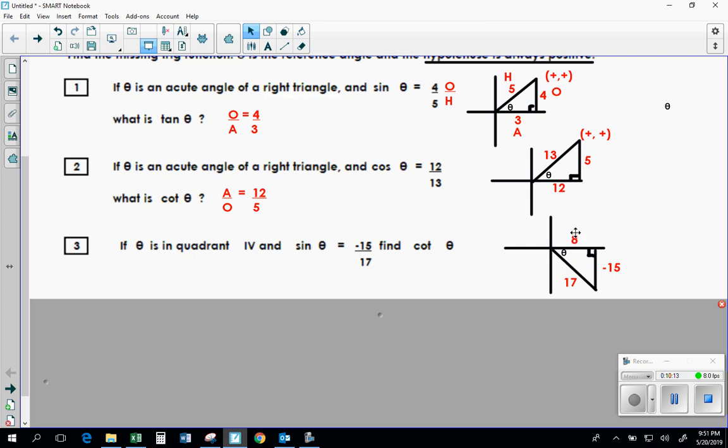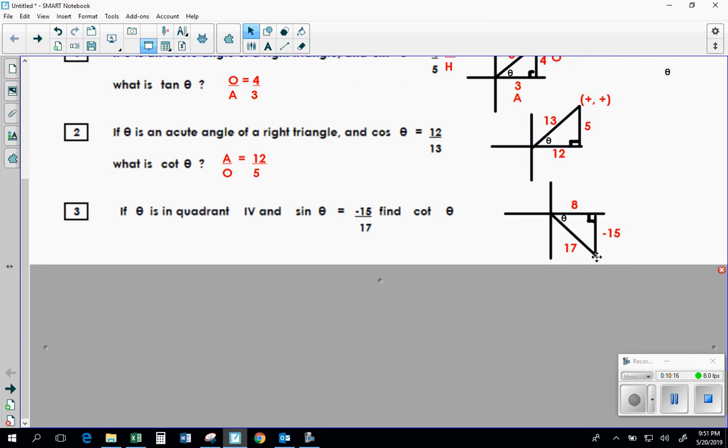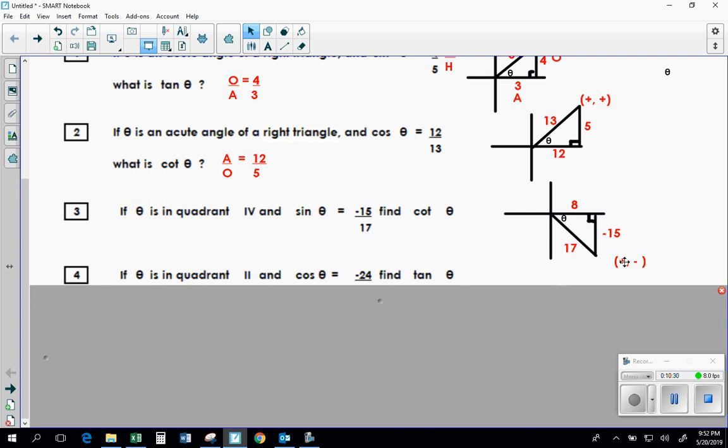And now, once I've done that, I need to ask myself, what are my signs for quadrant 4? If I was to plot that point right there, what are my signs? Positive for the x and negative for the y. Well, this already is set up as positive for the x and negative for the y, so I do not have to switch any of these signs.